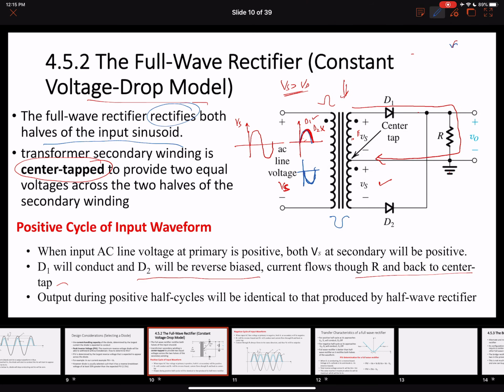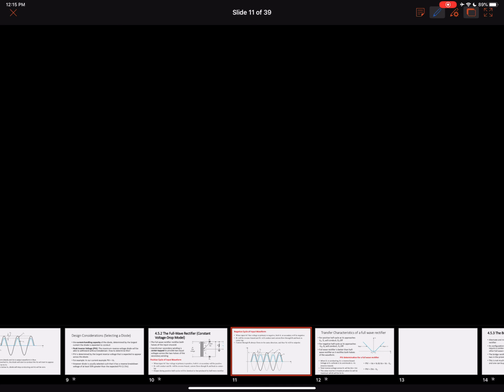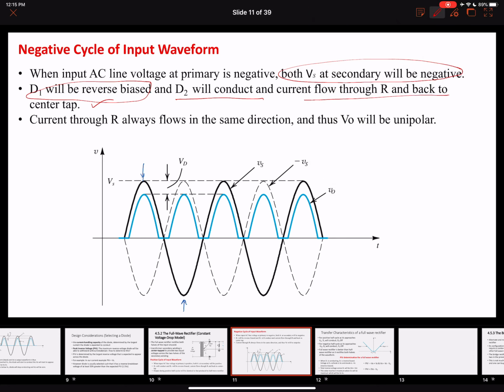When the negative cycle comes, this will be off, this will conduct, and the current is going to go over here, here, and here. So we can see that the direction of the current is the same, and that is why for both the positive cycle and the negative cycle, we get this rectified output.